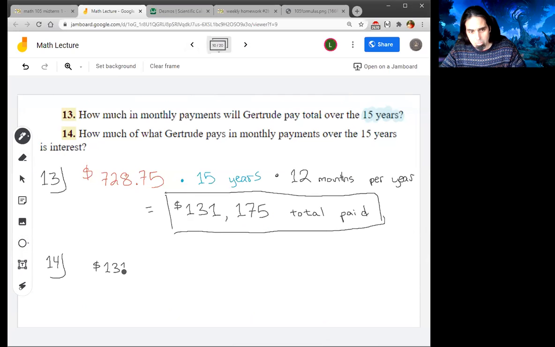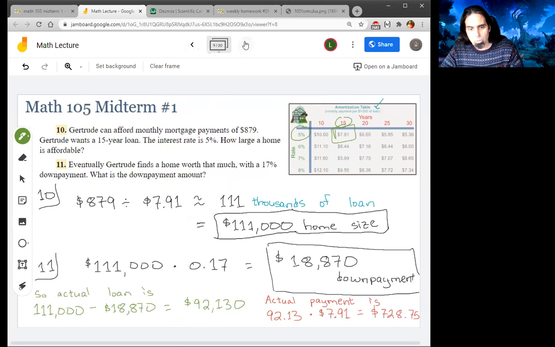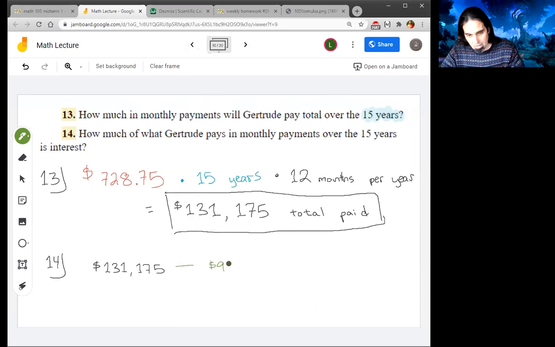So if I take what she actually pays out of her checkbook and take away that loan amount, 92,130, then whatever that is has to be the interest, because if it's not the loan, it's interest. So 39,045.